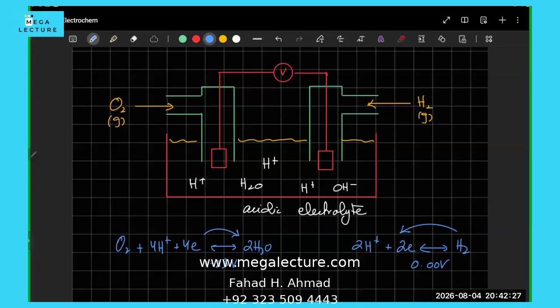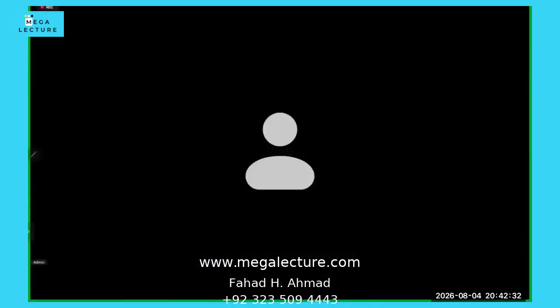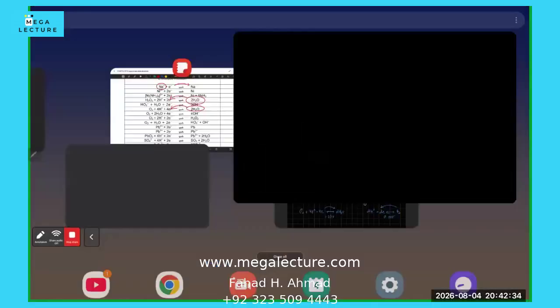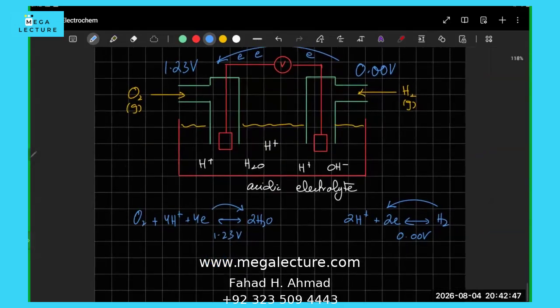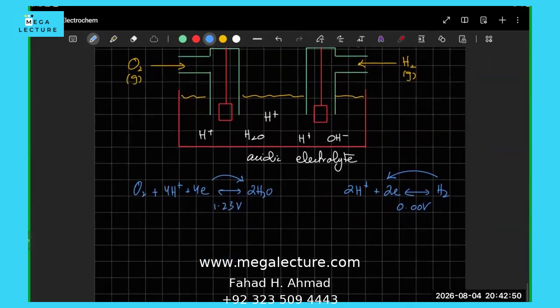Yes. So 1.23 volts, and this is 0. The electrons are going to move towards the more positive, so all the electrons will travel and electricity is going to be produced. Or you can add up the reactants; you would have to multiply this by 2.